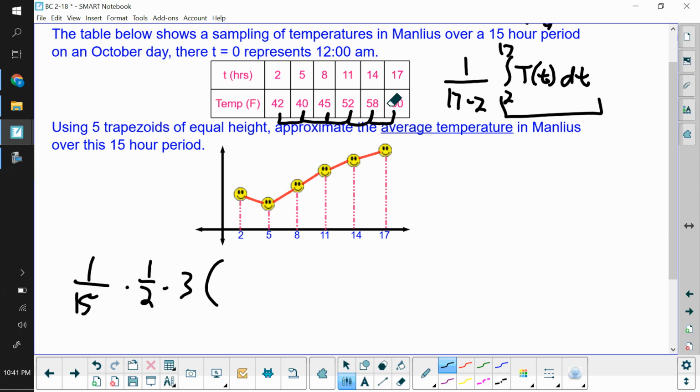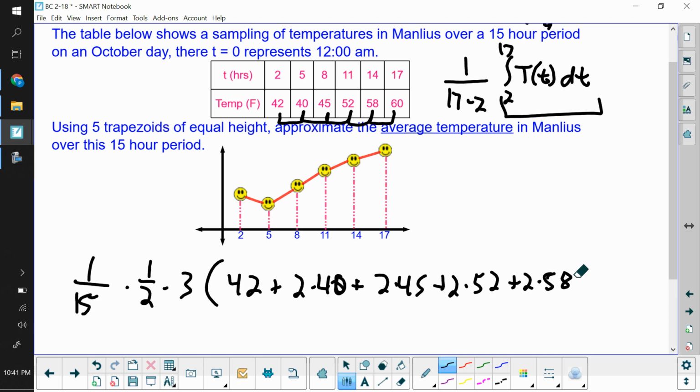So just like before, our first y value is just going to have 1 of them. Our interior ones are all going to have 2. So we'll have 2 times 40 plus 2 times 45 plus 2 times 52 plus 2 times 58. And then just plus 60 once.